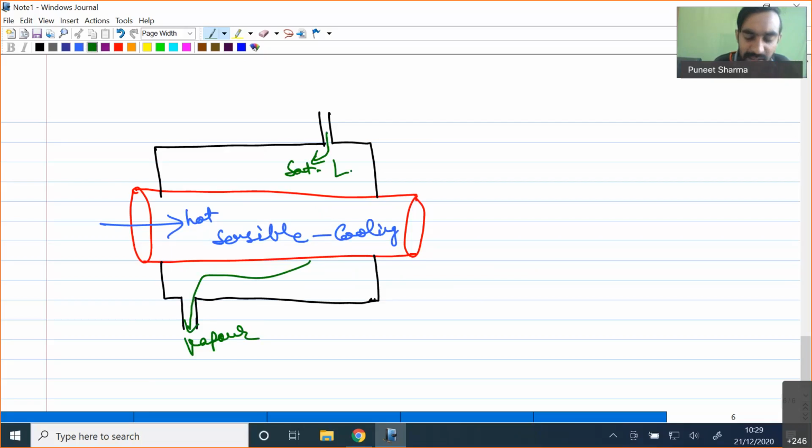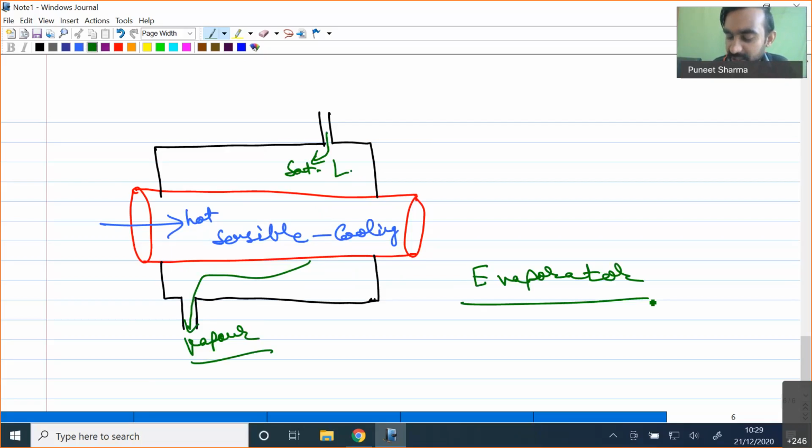So in this case our liquid is converting into vapor. This type of device is known as our evaporator. Evaporator is also a very important component of our refrigerator and air conditioner, etc. That we will see later.